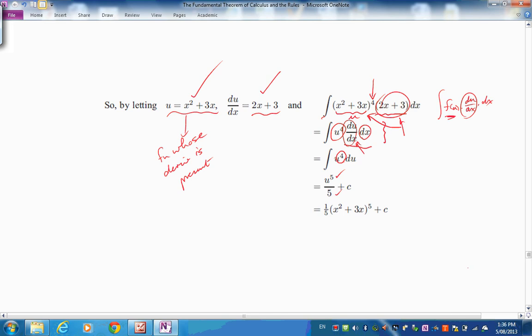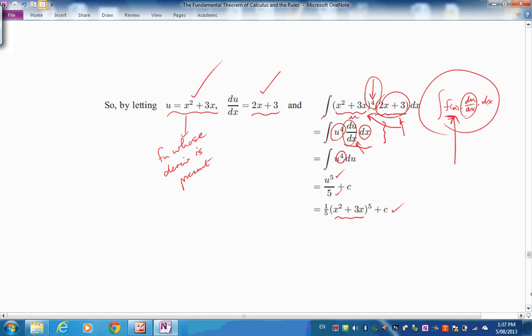It's come about through the application of the chain rule, and all we actually have to reverse is the function in front and add c. And then we put back x squared plus 3x. So we're breaking it down to the crucial variation that we're looking at there, and that is the function f there of u to the 4.